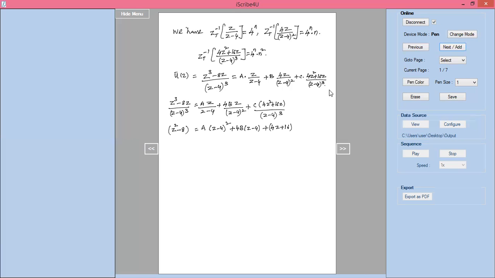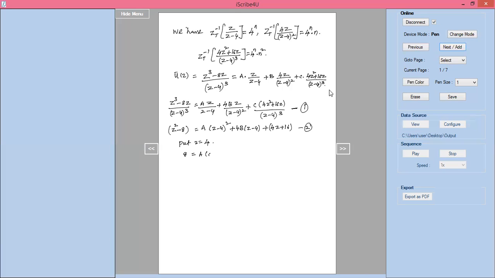We'll take this as equation number 1 and this as equation number 2. Put z equal to 4. If you put z equal to 4, 4 square is 16, minus 8 should be 8.